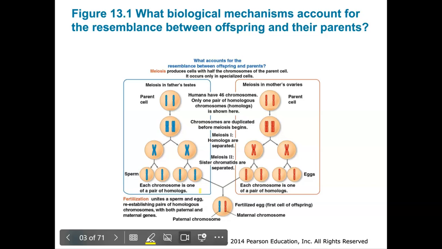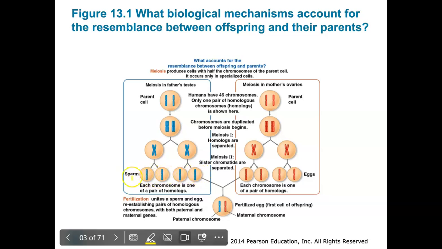And another thing about meiosis you may have noticed is there are 2 divisions. First of all, here's your parent cell. The chromosomes duplicate during interphase. And then you have the division of that parent cell one time, so you get 2 daughter cells, and then those 2 daughter cells divide and produce 4 daughter cells.